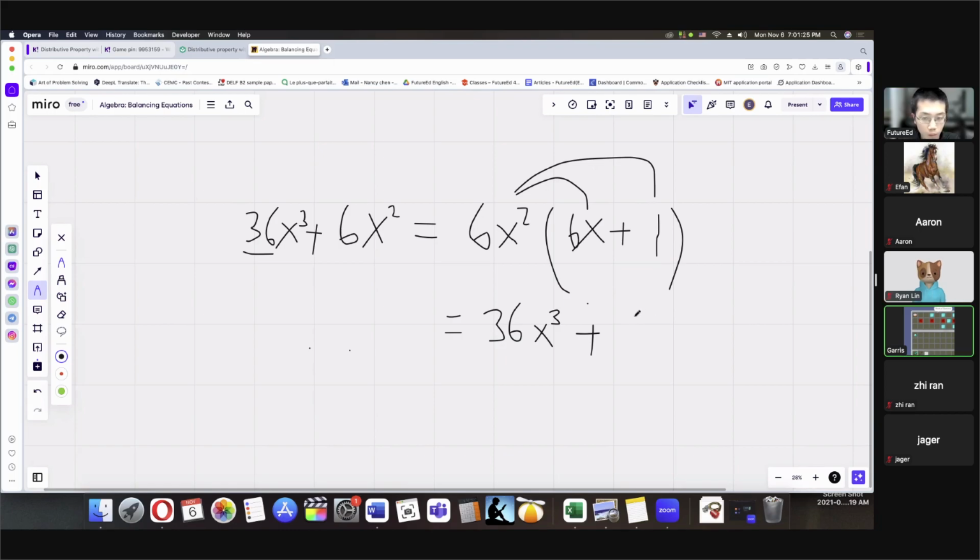It's 6x squared. Exactly. So we see that 6x squared times (6x plus 1) is the same as 36x cubed plus 6x squared.